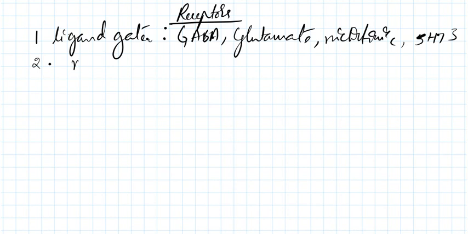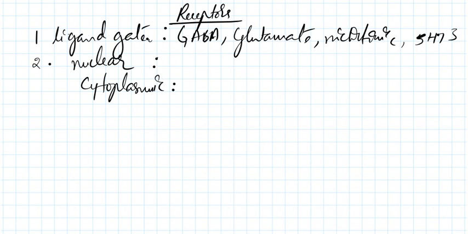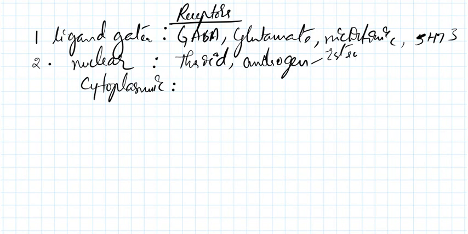One are nuclear receptors and another one are cytoplasmic receptors. There are actually two types of receptors, which are located in the nucleus and which are located in the cytoplasm. If you ask me which are located in the nucleus, thyroid receptors, then very important, androgen receptors are nuclear receptors. All androgen receptors, estrogen, progesterone, testosterone.